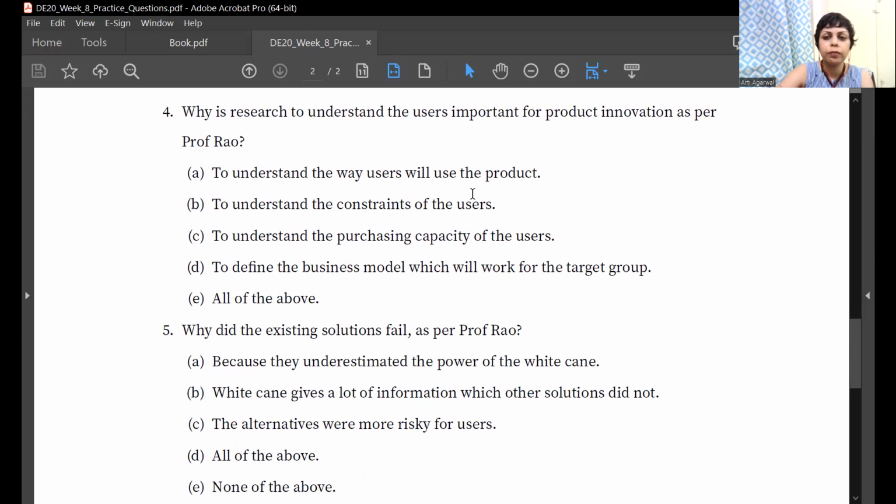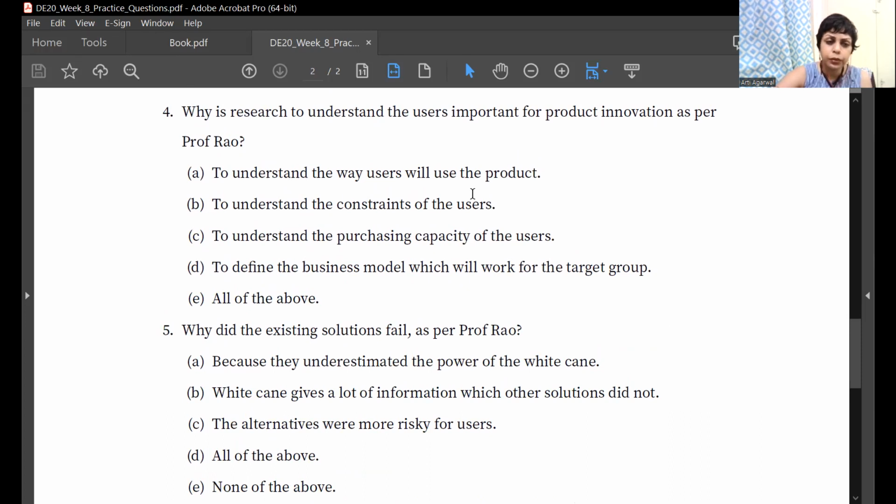Okay, moving on. Question number 4. Why is research to understand the users important for product innovation as per Professor Rao? So he has again explained this at great length.